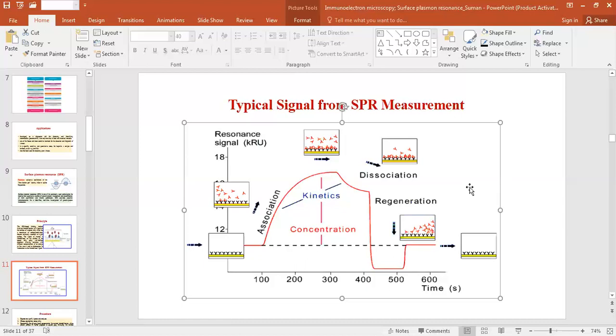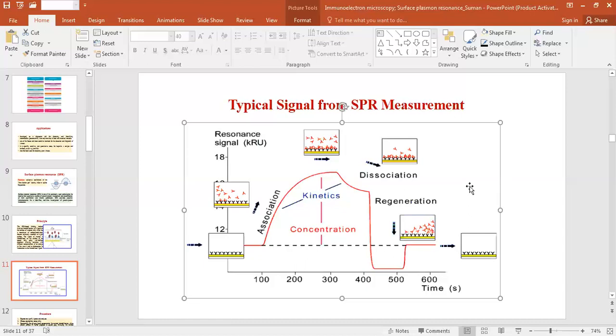The diffusion rate could also affect the sensorgram result. If the diffusion rate is lower than the association rate, then a mass transfer effect can be observed in the typical signal we are getting from the SPR.